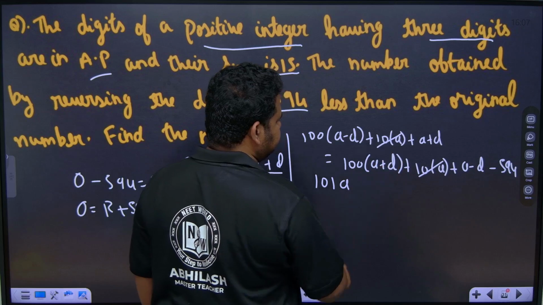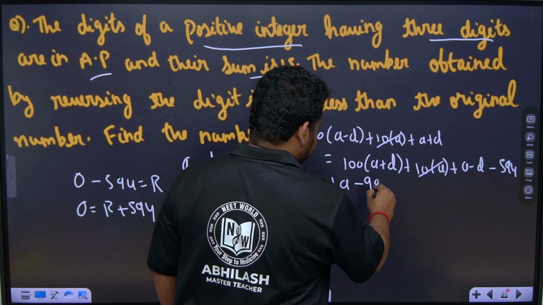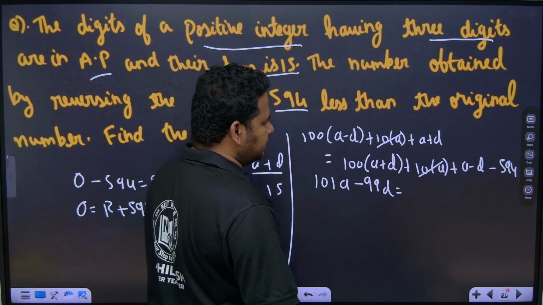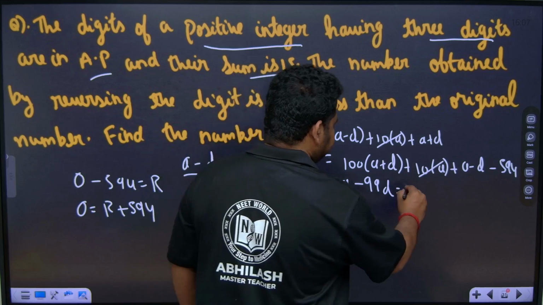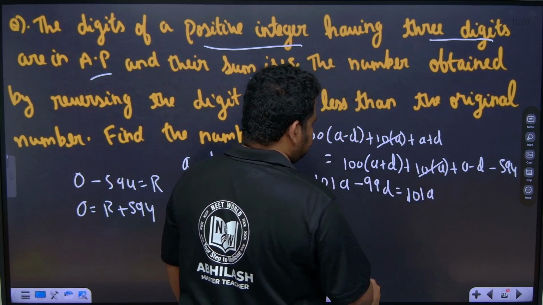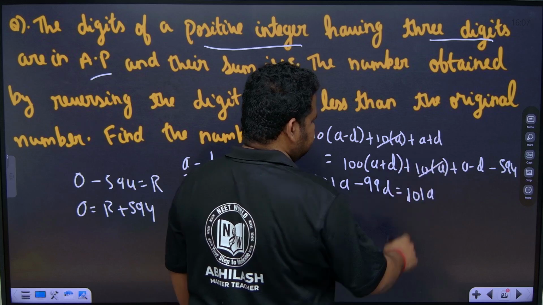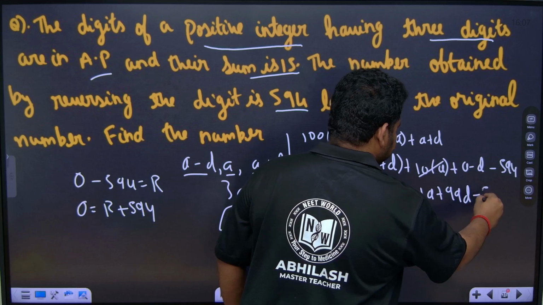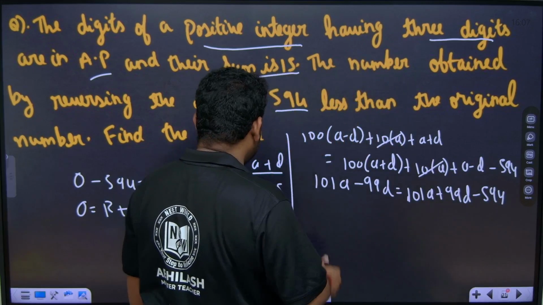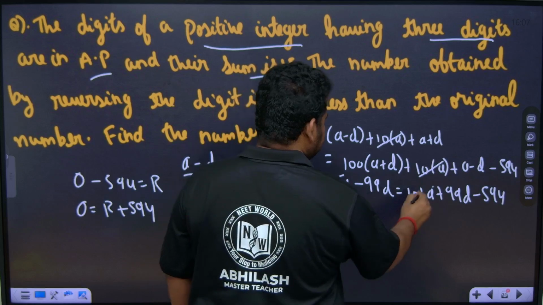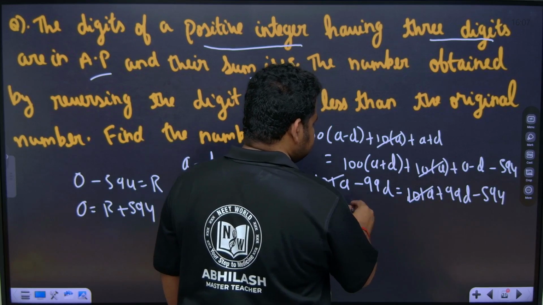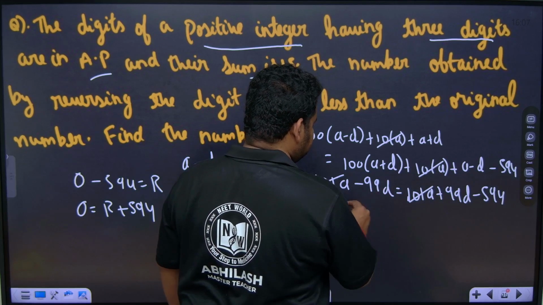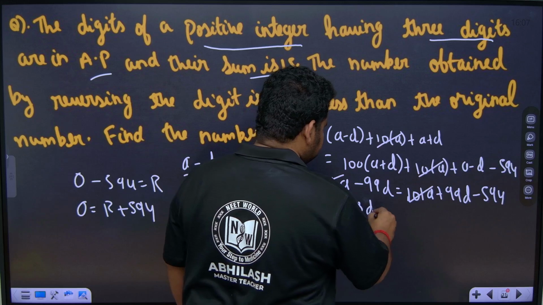Minus 100d plus d, minus 99d, is equal to 101a. Then 100d minus d is plus 99d, minus 594. Now 99d minus 99d cancels. If I bring these this side, it will become 198d is equal to 594.